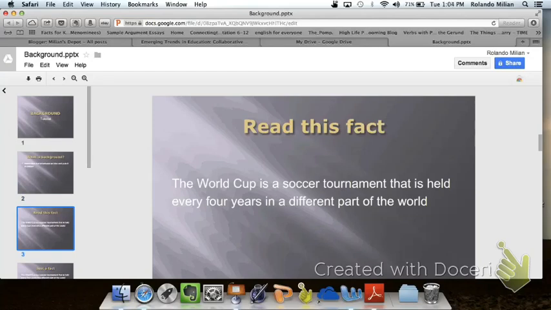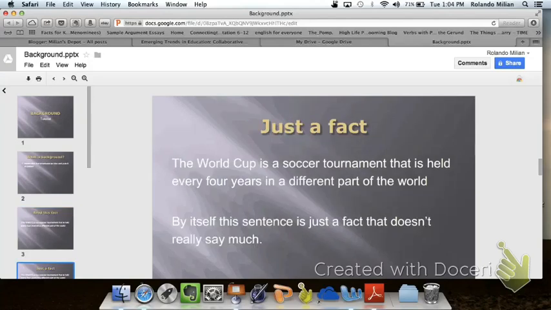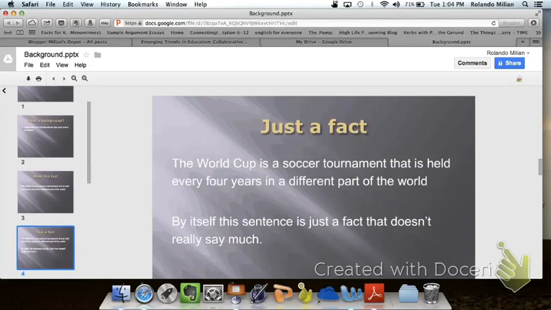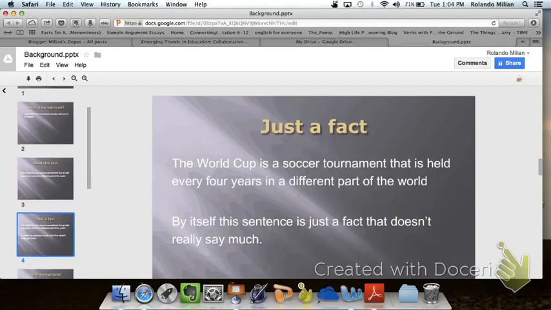Let's look at this fact. It says the World Cup is a soccer tournament that is held every 4 years in a different part of the world. Now, this fact by itself is just a fact that doesn't really say much.